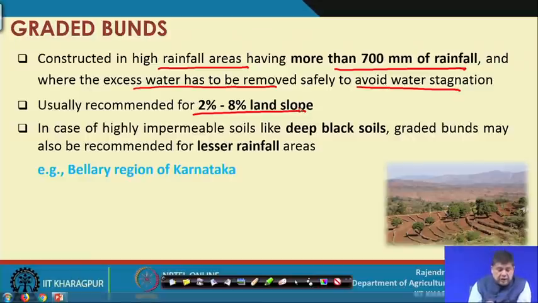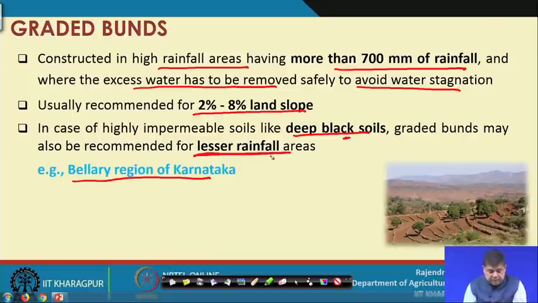If the soil is deep black soil or less permeable, they can also be used for rainfall less than 700 mm, which we have seen in the adaptability table. For example, in the Bellary region of Karnataka, where soils are deep black soils, we go for graded bund even though the rainfall is less than 700 millimeters.